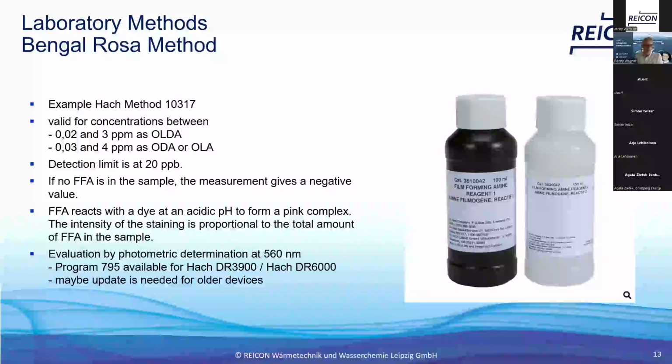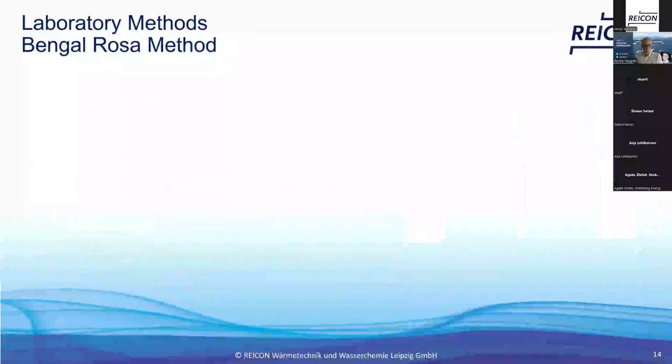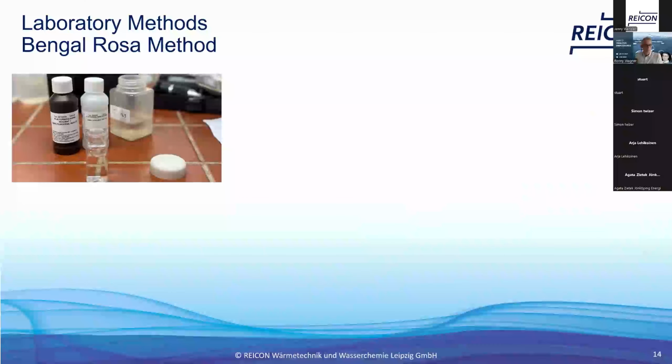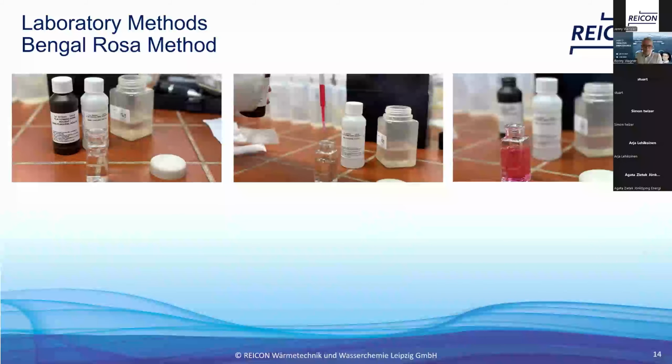As the name says, it gives a pink or rose colored complex, and you can see the two chemicals here. This is the sample. You can directly take the sample cell for doing the analysis, then you add the first reagent, and it gets a dark rose coloring.